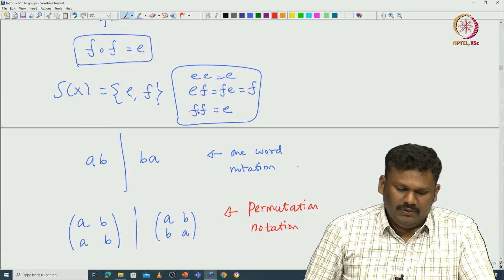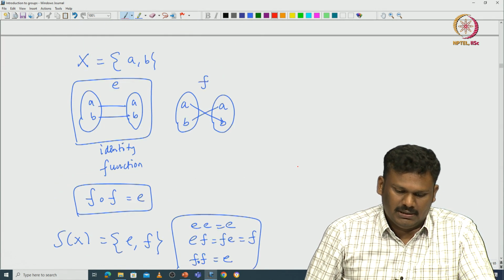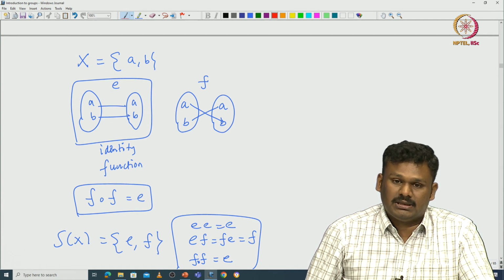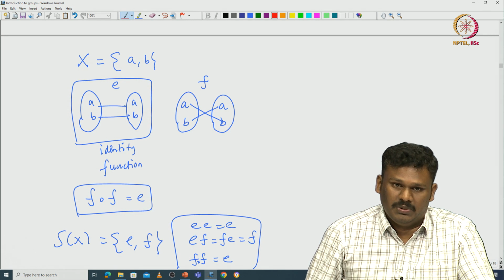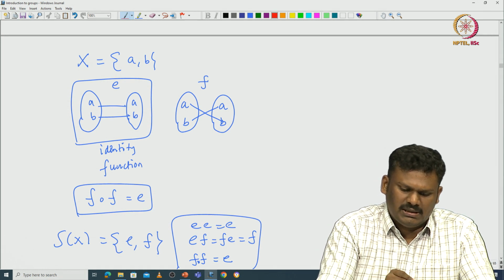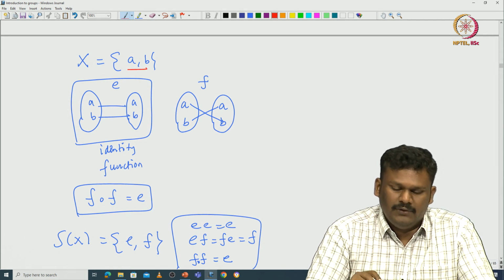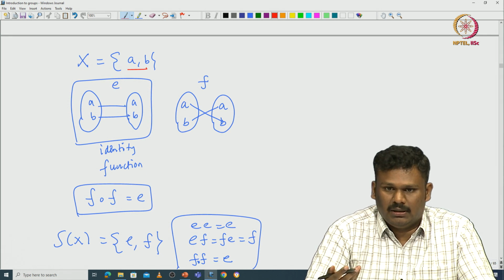If we work with finite sets, all that matters is the abstraction that I asked you to appreciate. Once you list it as A B, you could take some other elements, call them C D or E F. All that matters is that X has two elements.